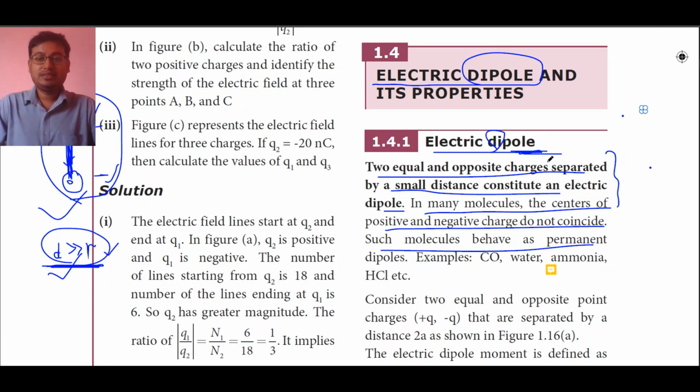There you might have seen that the centers of the charges are separated from each other. In that situation, those molecules make permanent dipoles. For example, carbon monoxide, water, ammonia, hydrochloric acid, etc. How does this happen? Let me show you in another slide.